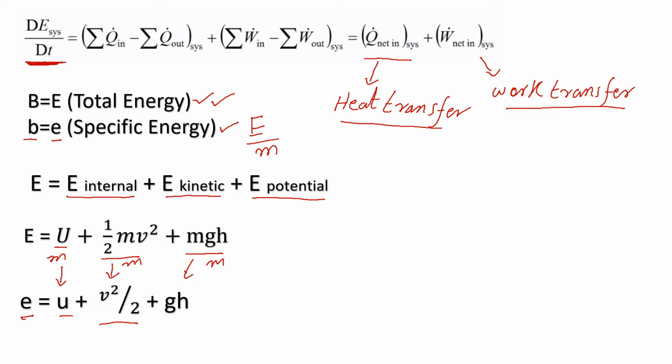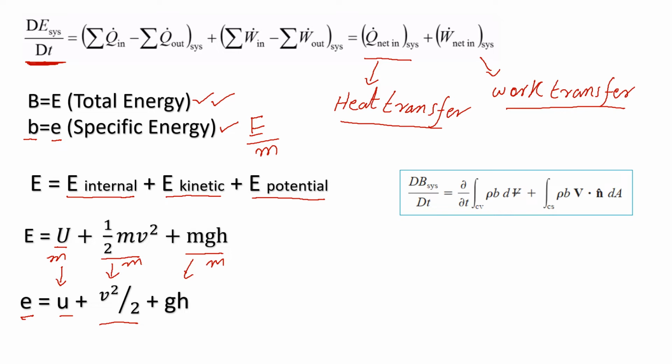Now if we look at the generalized form of the Reynolds transport theorem, if you remember, this is how it looked. That is, the total change in the extensive property of the system is equal to the partial change inside the control volume plus the net flow into and out of this control volume through these control surfaces.